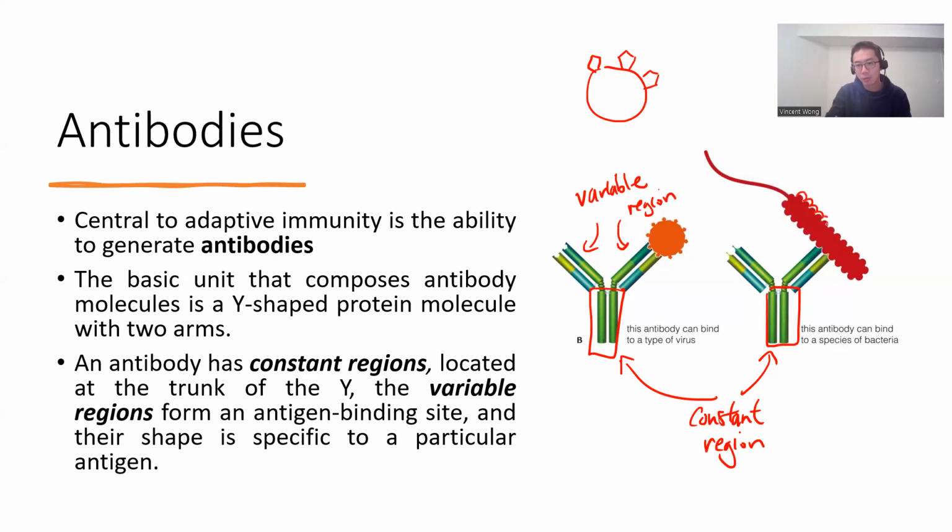It has little bumps. Every time you create a new set of antibodies, it will be specific for the kind of pathogen you are trying to fight off. If you are able to identify a unique shape on the virus or bacteria and make an antibody for it, then that antibody is particularly good for fighting off that antigen, that pathogen.